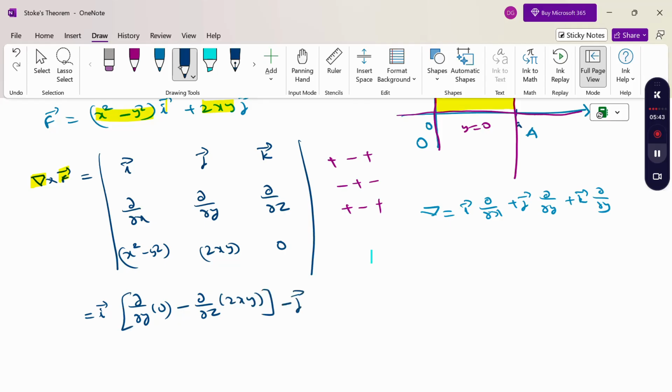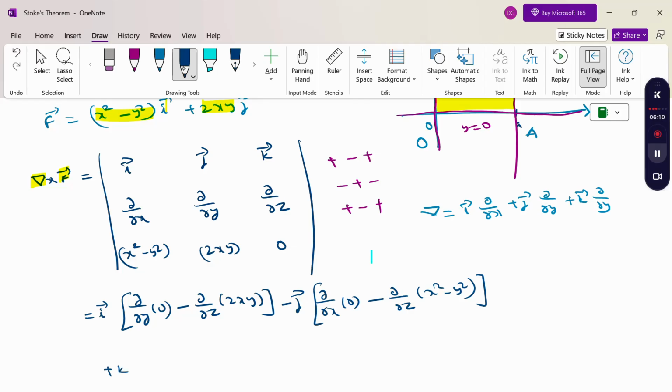Minus j vector, again leaving this column and row. Why do I mention minus here? Because the second term has a minus sign. Therefore minus j vector, leaving this column and row: dou by dou x of 0 minus dou by dou z of x square minus y square.